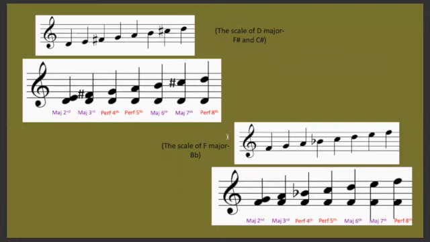If we study the bottom example, F major, which has 1 flat, and that's B flat, if we have F as the bottom note of the interval and any other note belonging to the F major scale as the top note of the interval, we will also get major intervals or perfect intervals.